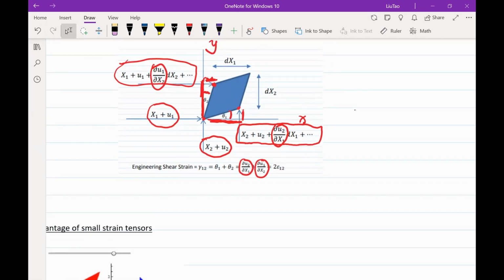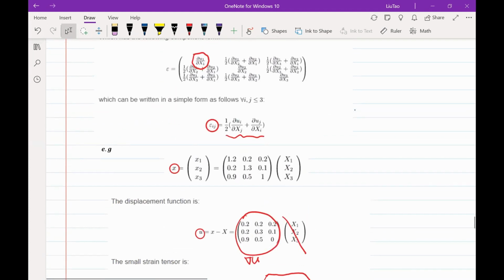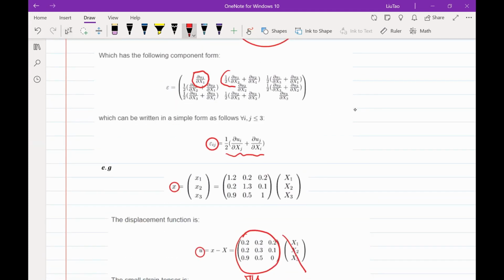So when we compare this to the small strain tensor, we get engineering shear strain is equal to 2 times the shear strain tensor from small strain theory.